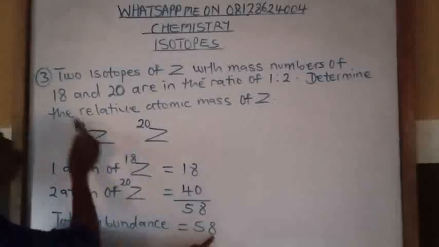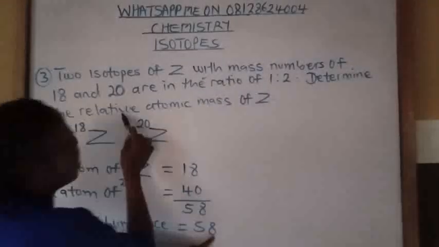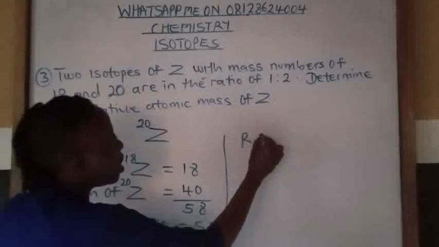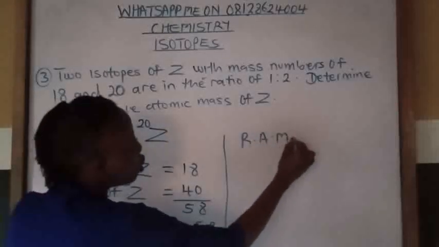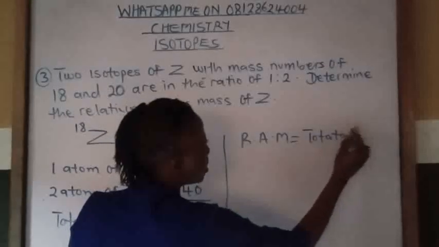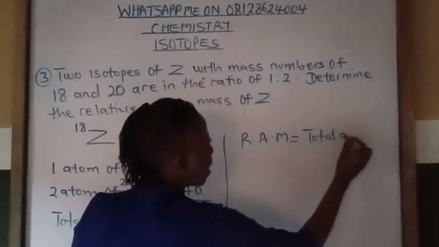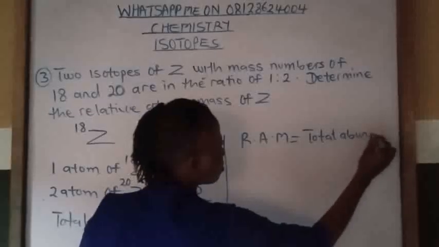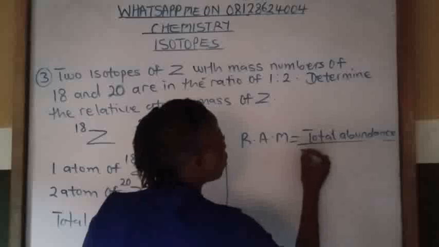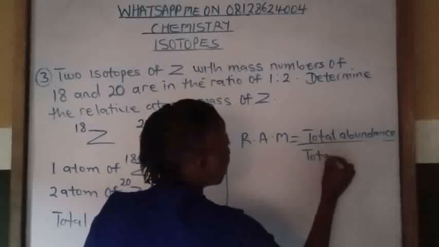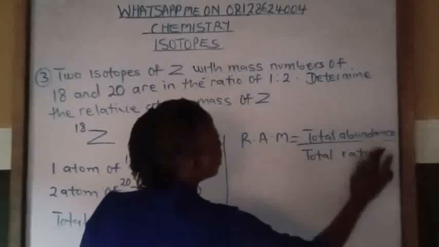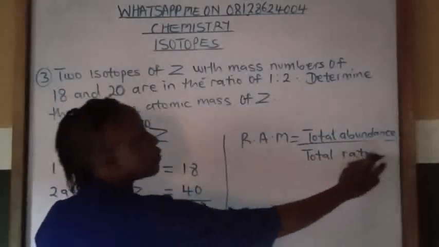Now we are looking to determine the relative atomic mass. To calculate it, we take the total abundance divided by the total number of atoms, which is the total ratio. Don't forget that the total ratio is the total number of atoms.